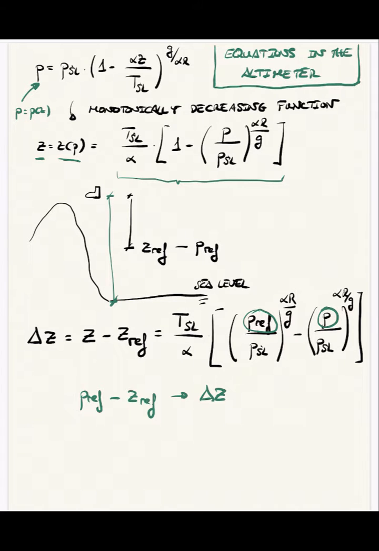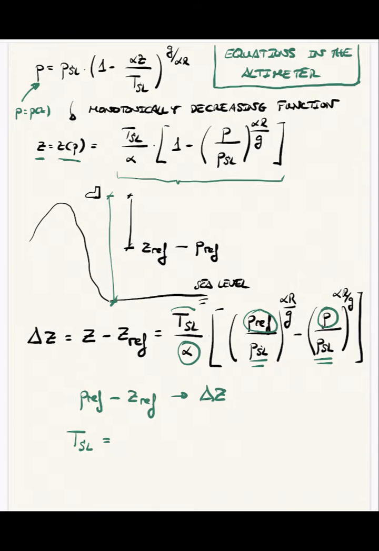It's important to note down here that the altimeter is going to be an instrument with calibrated values for all these sea level parameters, even for alpha. And the values that it's going to be calibrated with are, of course, international standard atmosphere values.